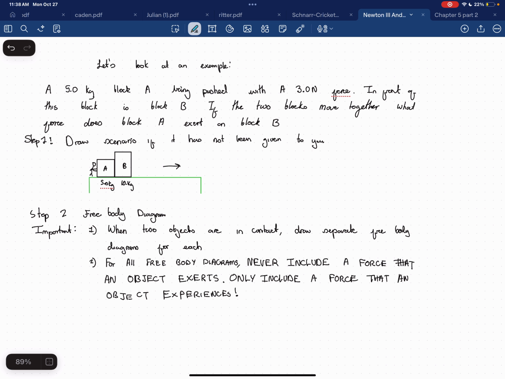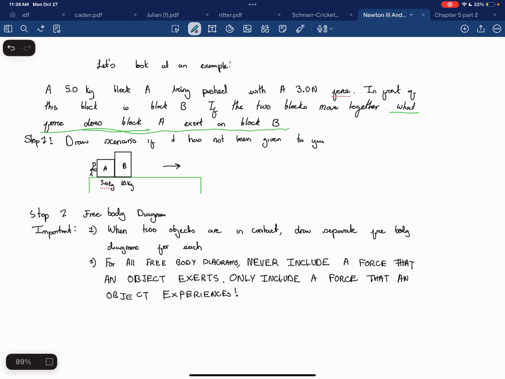If the blocks move together, what force would block A exert on B? A key thing to highlight is what we're looking for.